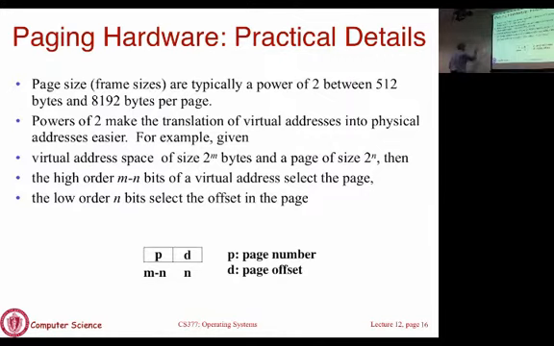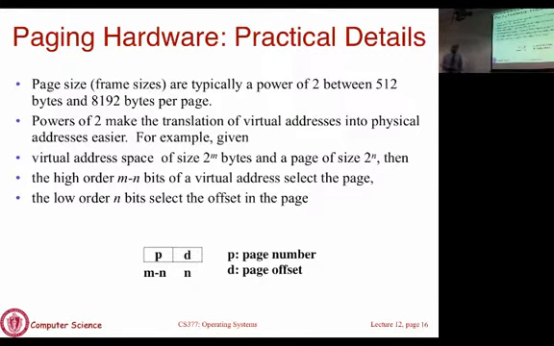Okay, first we'll do it using some simple example. So let's assume you have 4 byte pages. A very trivial example. Okay, so this is page number 0, that's 4 bytes. This is page 1, page 2, 4 bytes each.